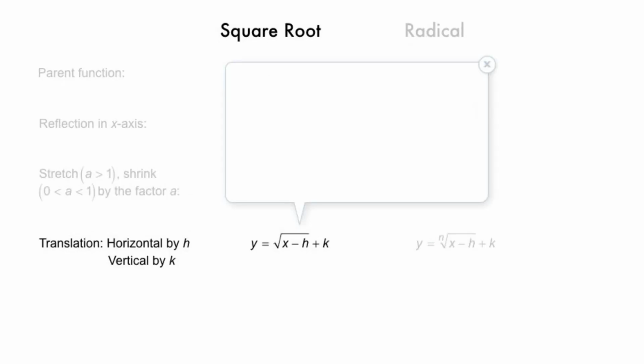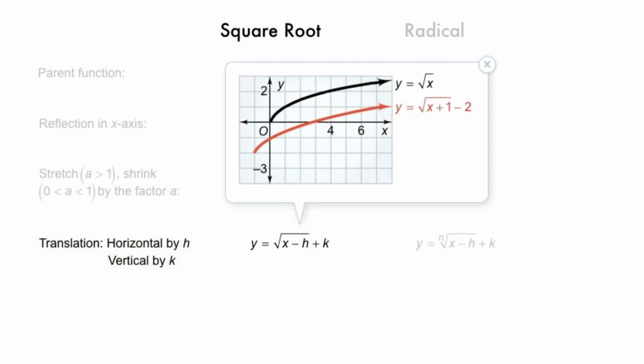Now adding variables h and k as shown in the equation. These cause translations, a horizontal translation by h and a vertical translation by k. Note the parent function, graphed in black, y equals the square root of x.